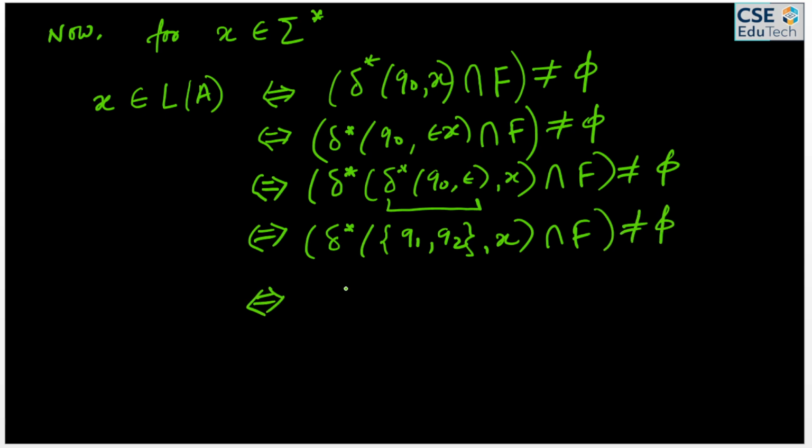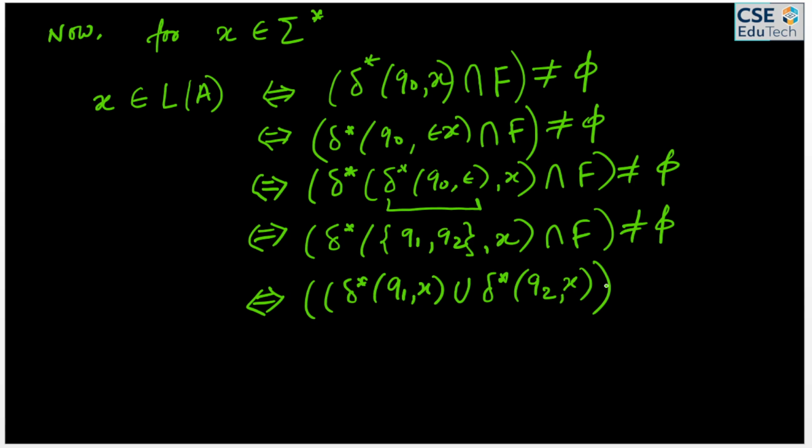So what will happen here? Delta star Q1 X, or, so union, delta star Q2 X. After processing this, if we make an intersection with the final states, it should not be empty.